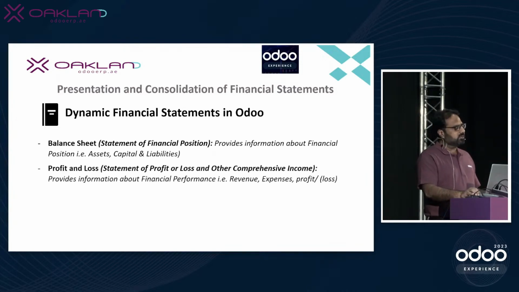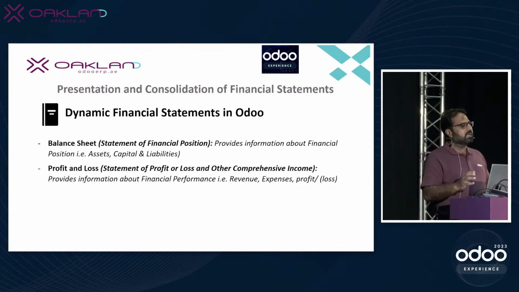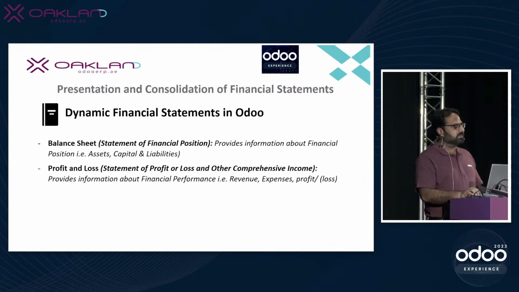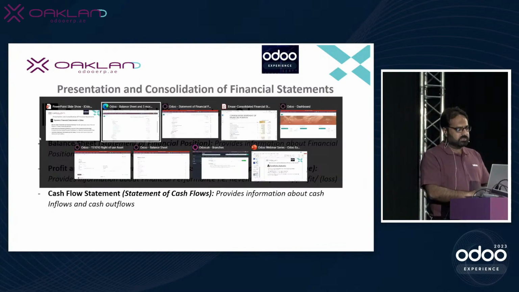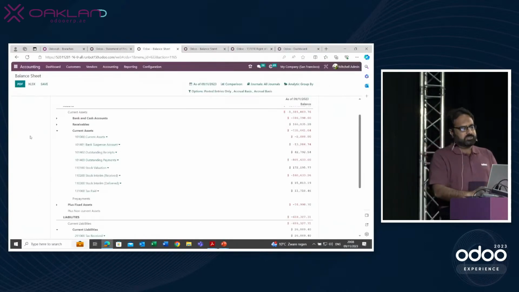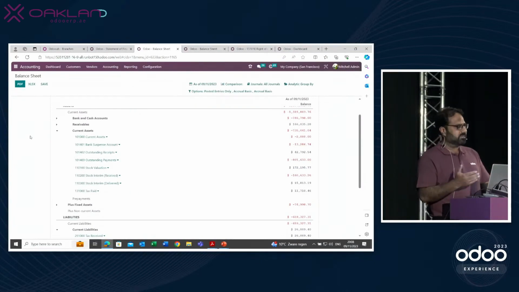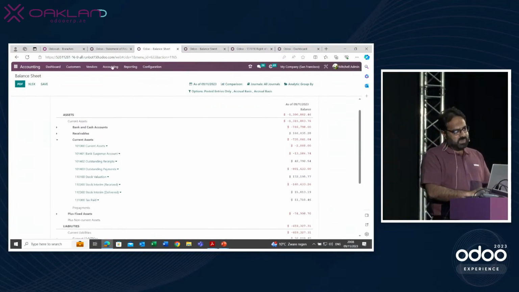Next, we have the profit and loss report in Odoo, which is called the statement of profit or loss and other comprehensive income in IFRS, which provides information about the revenue, expenses, profit, loss, etc. Then we have the cash flow statement in Odoo, that is called the statement of cash flows, to know the cash inflows and outflows of the company. Now we go back to Odoo. Let me share those tips and tricks that I promised you.